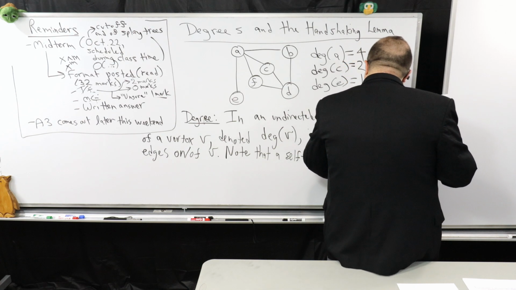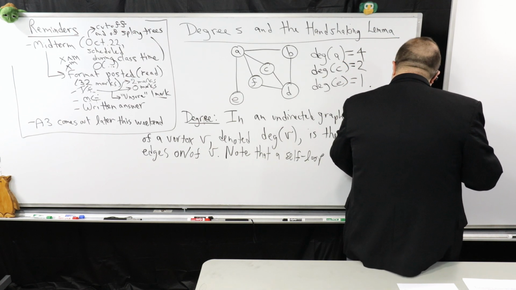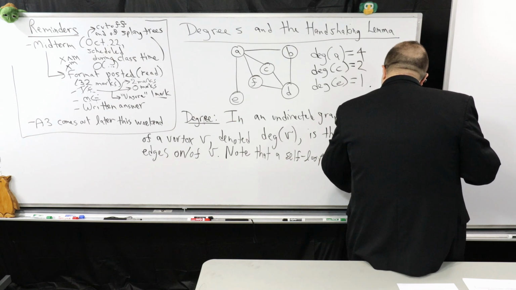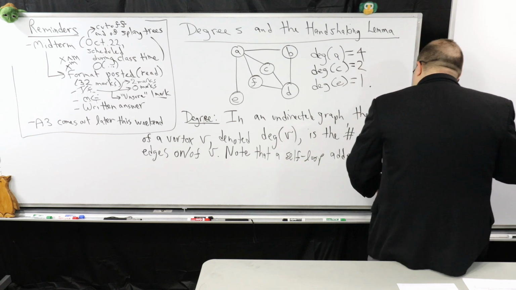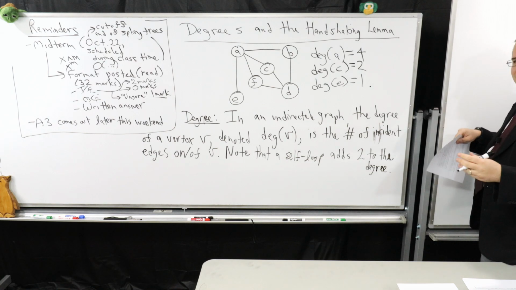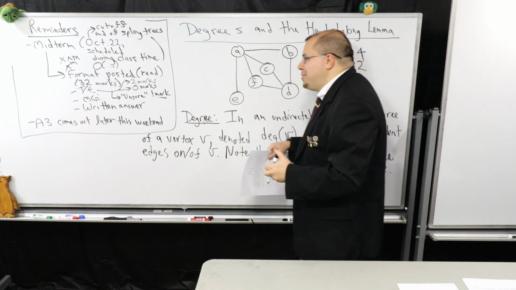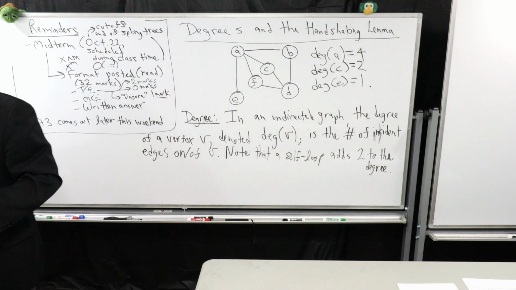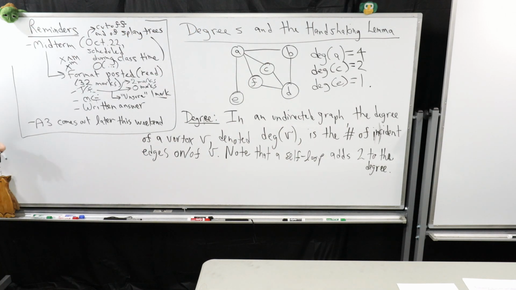Some people in the graph theory community will say this is a fine convention to use. Some people will say it doesn't really matter. I'll usually stick to this. There's a reason why that I will be alluding to in a bit.